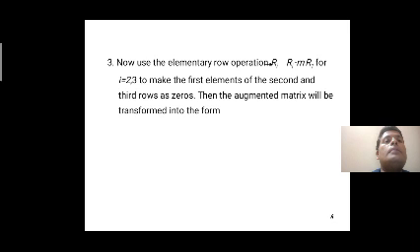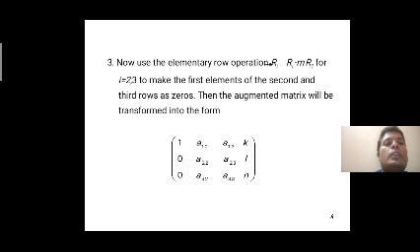Now use the elementary row operations Ri gives Ri minus m R1 for i equal to 2, 3 to make the first elements of the second and third row zeros. Then the augmented matrix will be transformed into the form 1 a12 a13 k1, 0 a22 a23 k2, 0 a32 a33 k3.